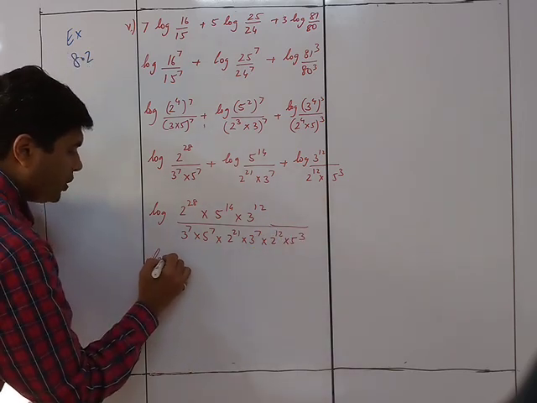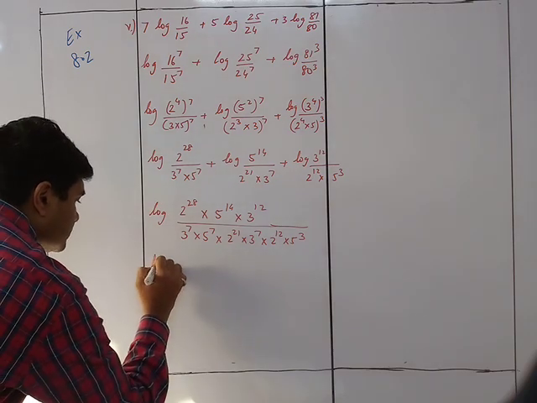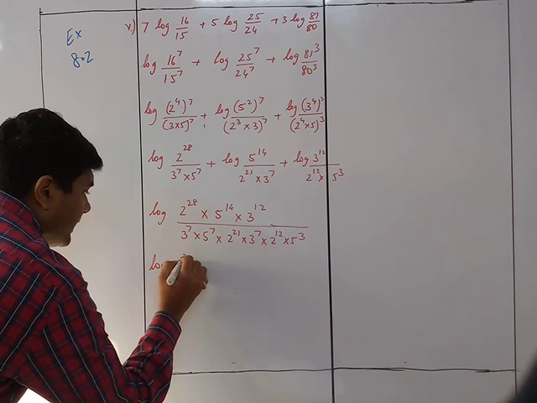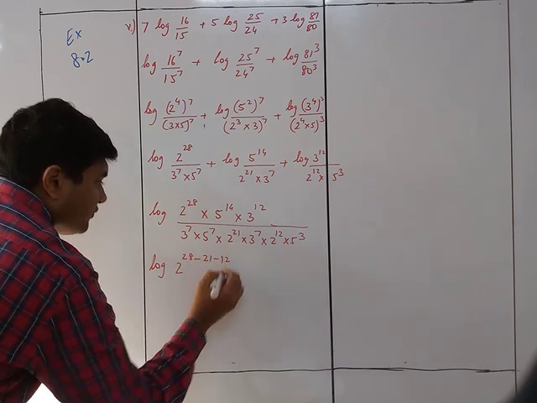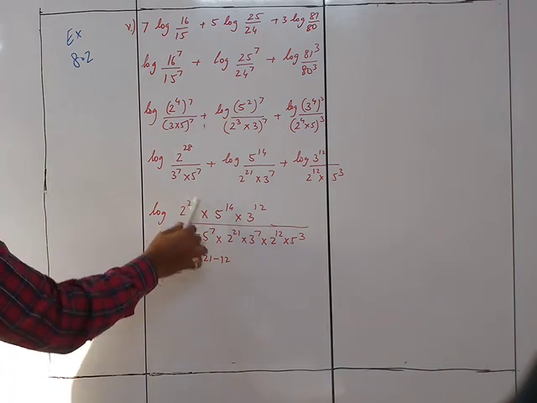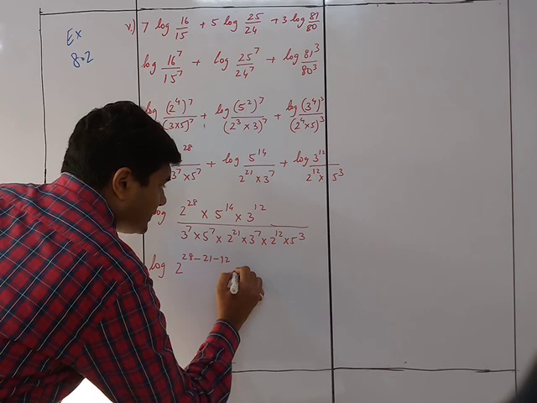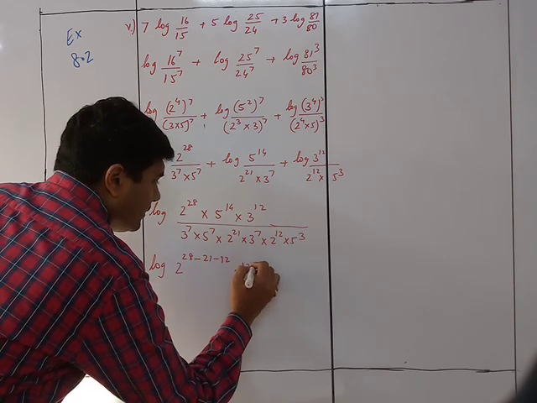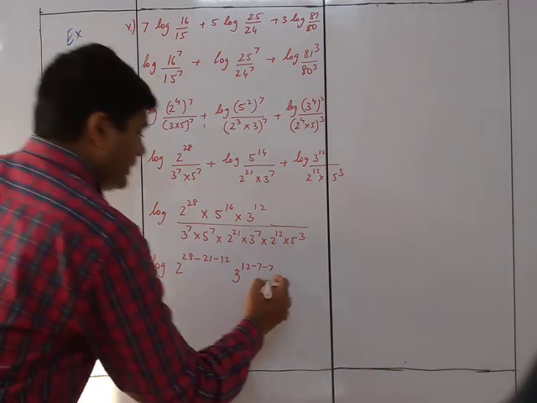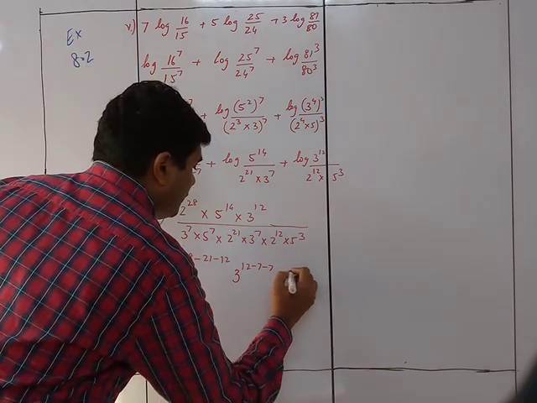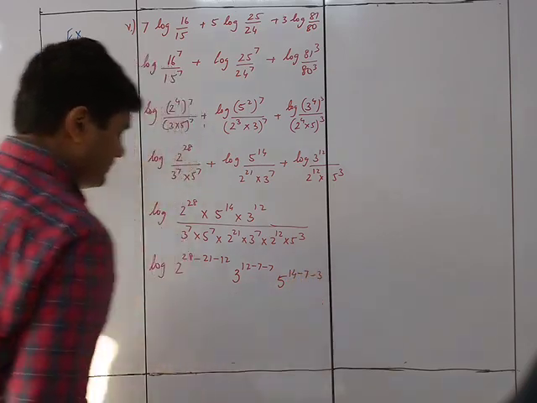That makes it log of 2 raised to 28 minus 21 minus 12, okay, 28, 21, 12, 3 raised to 12 minus 7, and 5 raised to 14 minus 7 minus 3.